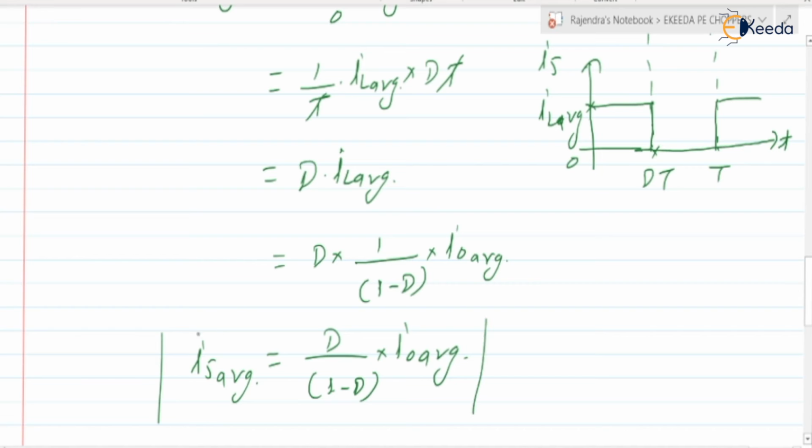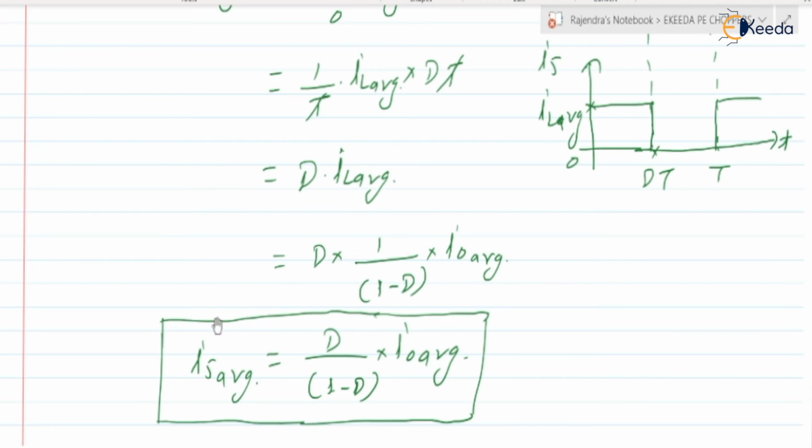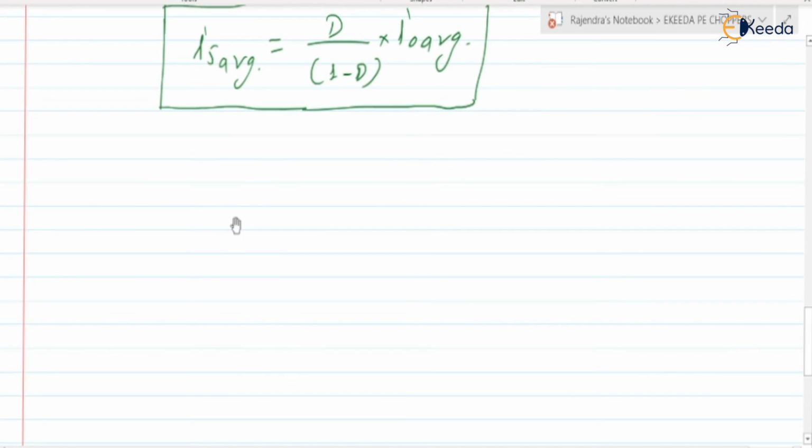IS average. Next, now, source current average value. Okay, next, further we can write IS RMS also, right? RMS value of source current.